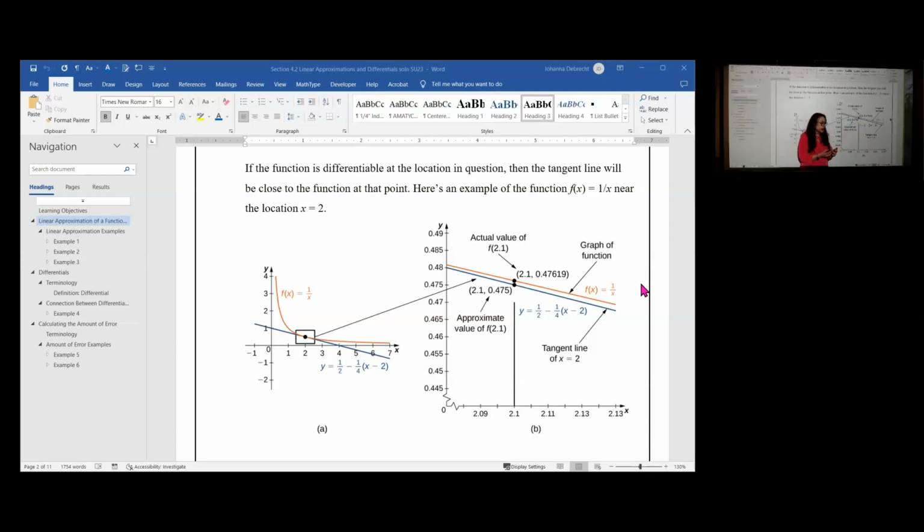The closer I get to 2, the better the approximation will be. Also notice how linear this section of the function appears. We know the function's not linear from looking at the graph on the left, but when we zoom in on a particular point, it becomes more and more linear if it's differentiable in that interval.